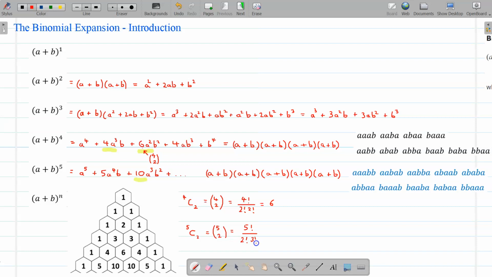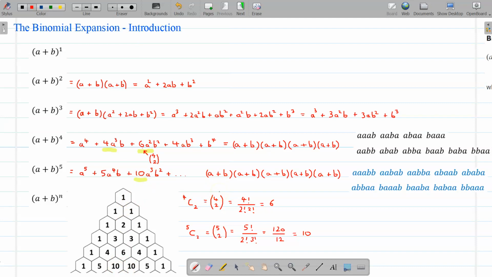And by the way, 5C3 would be 5 factorial over 3 factorial times 2 factorial, which is the same value. But in any event, that comes to 120 over 12. And you could test it on the calculator, but that, of course, is 10, which is the number we have in Pascal's triangle here, and the number we have here.